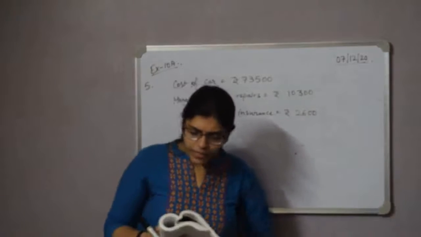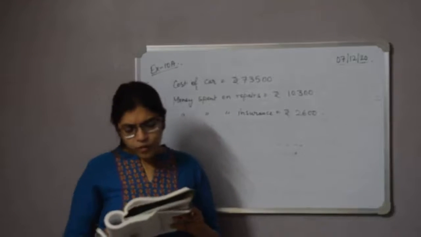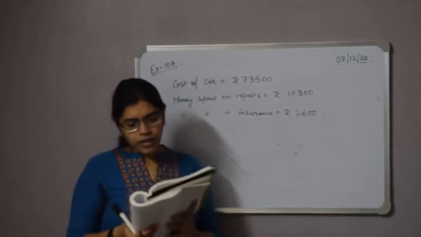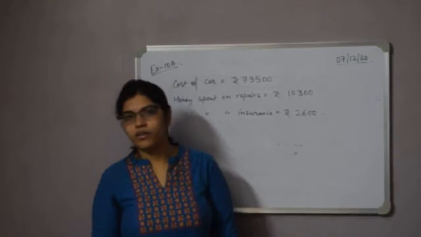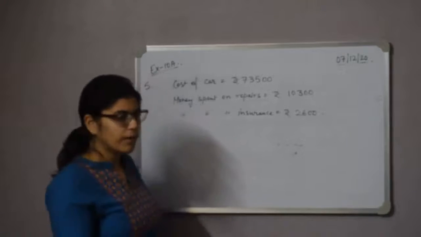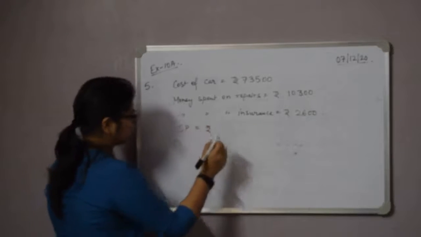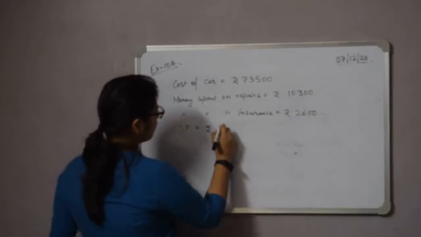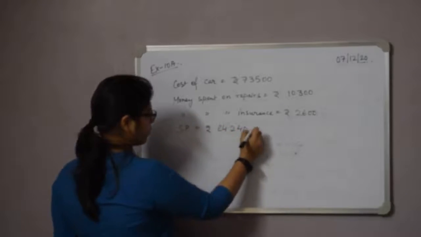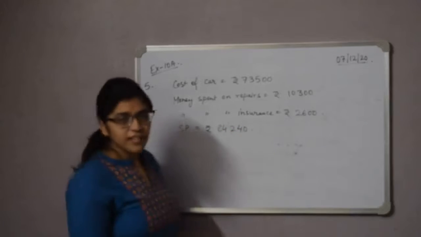Now next it says, then he sold it to a mechanic for 84,240. So that will be his selling price, isn't it? So selling price is rupees 84,240. Now see what is his cost price.